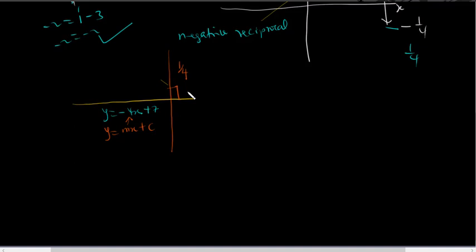So if there is line A and line B, and they are perpendicular, or they meet orthogonally, at 90 degrees, then the gradient of line A is equal to the negative reciprocal of the gradient of line B, and vice versa.